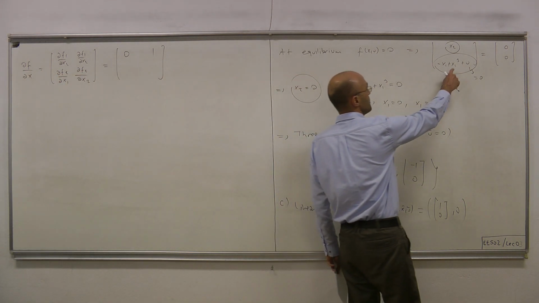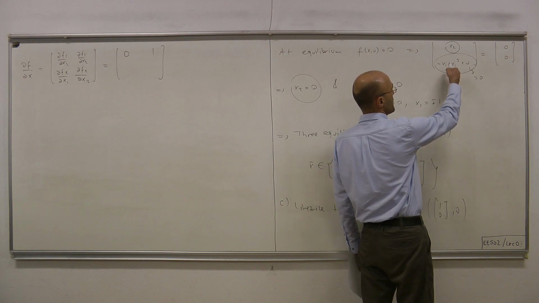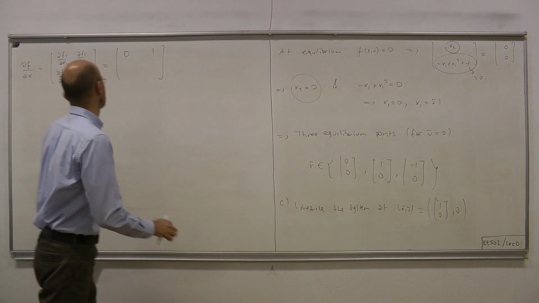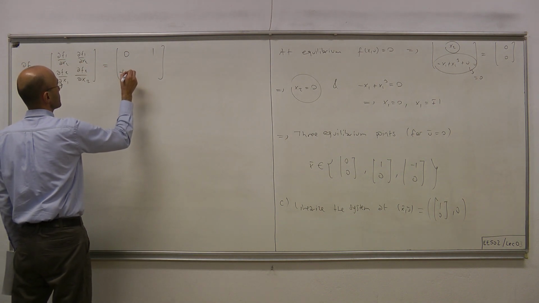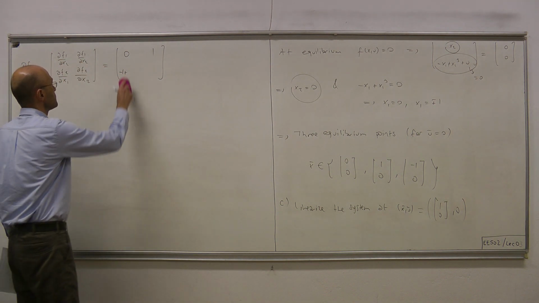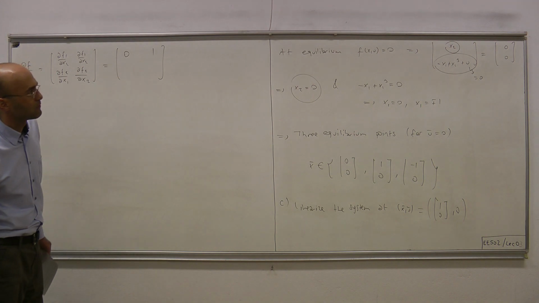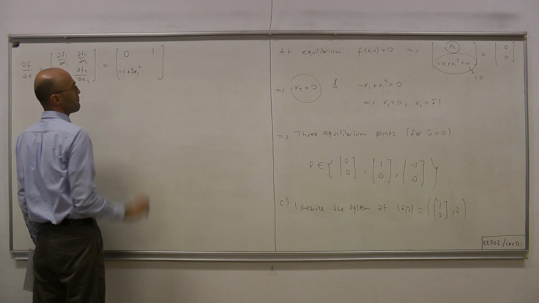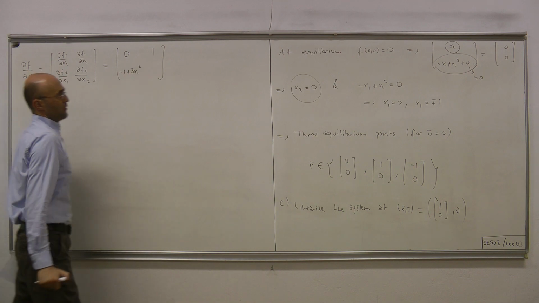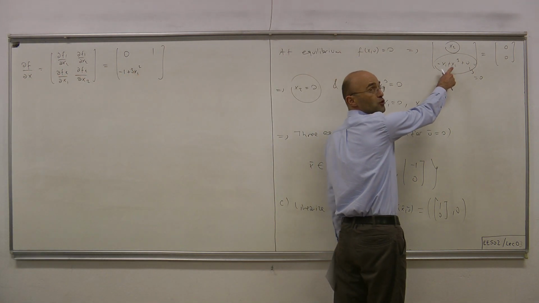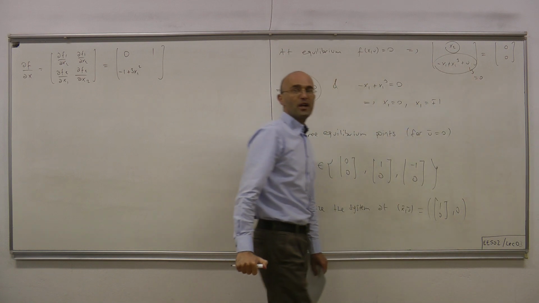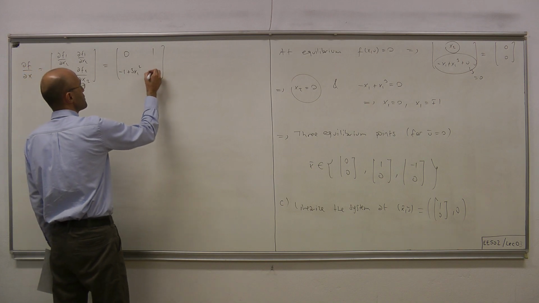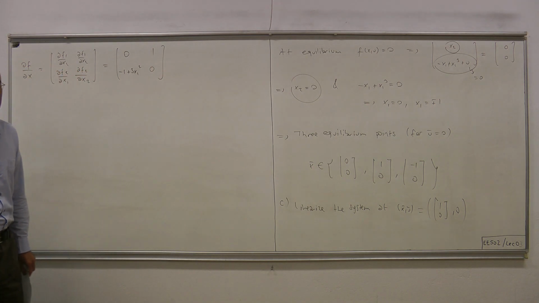This is our f2. If you take the partial derivative with respect to x1, we have minus 1 plus 3 x1 squared. And finally, this entry is the partial derivative of this term with respect to x2. x2 does not explicitly appear in that expression. That means this entry is 0.